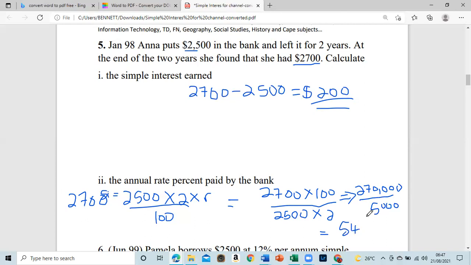No, something is not right with that. If it's only $200 gained, that would be 54%? That can't be right. That makes no sense. She left it for 2 years, and at the end of the 2 years she had 2,700. Just $200.